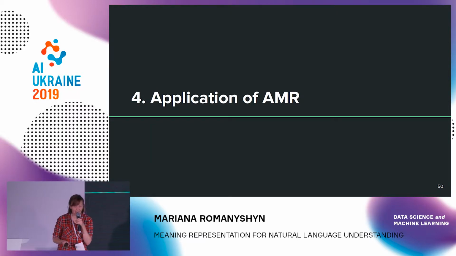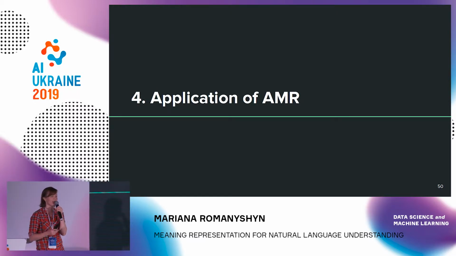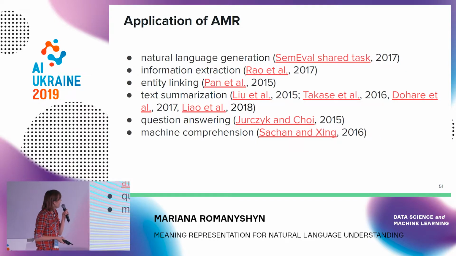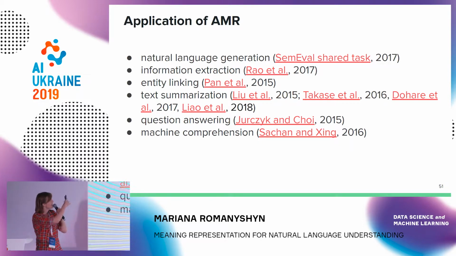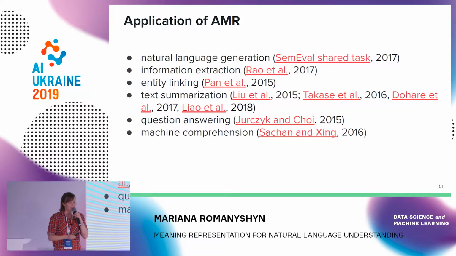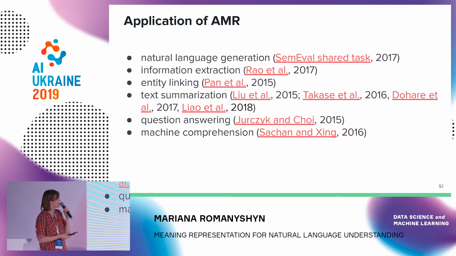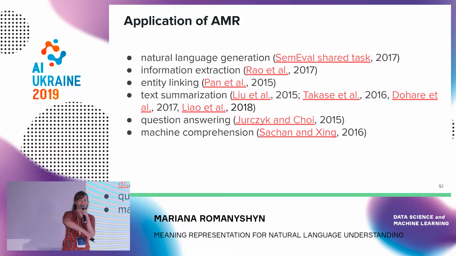And I have a couple more minutes just to give you a brief explanation of where AMR is used. So, the applications of AMR. In the last 3-4 years, AMR has been widely used in different areas of natural language understanding tasks. This includes natural language generation, information extraction, and text summarization, especially abstractive text summarization.